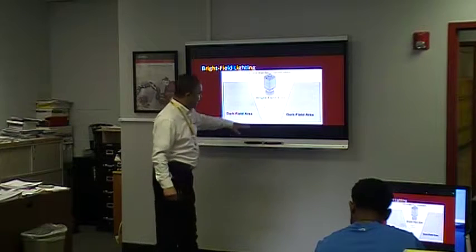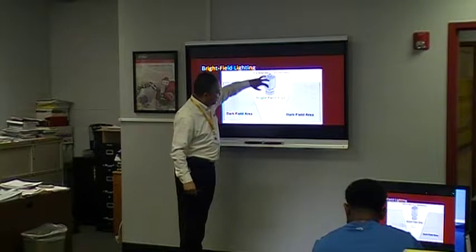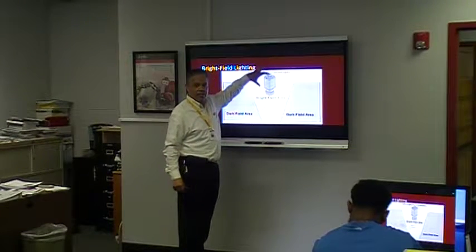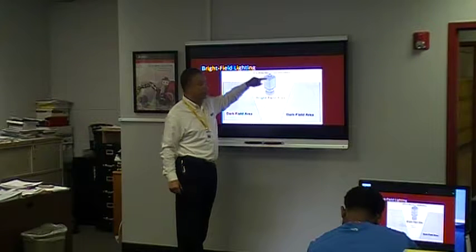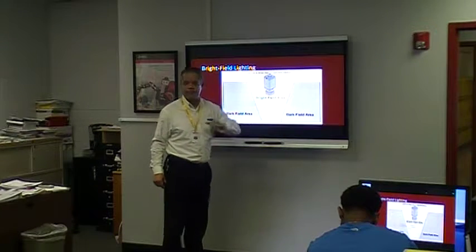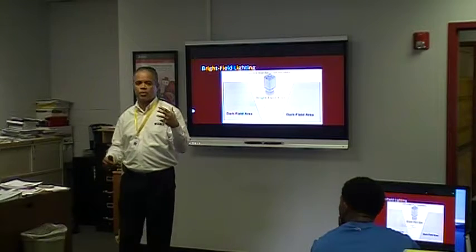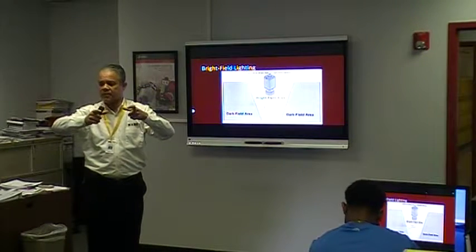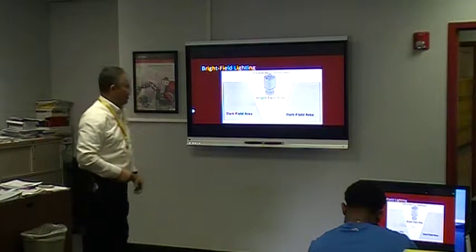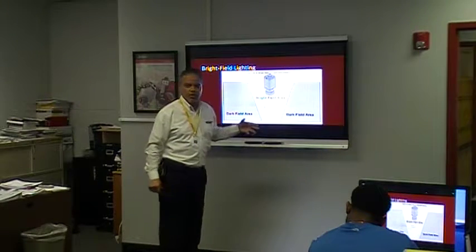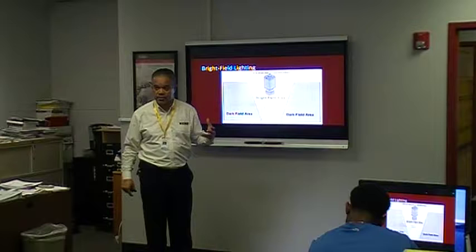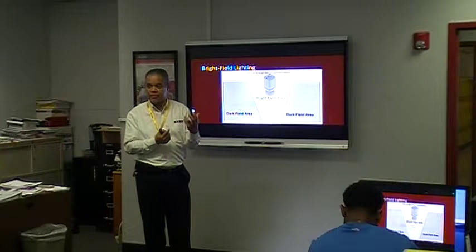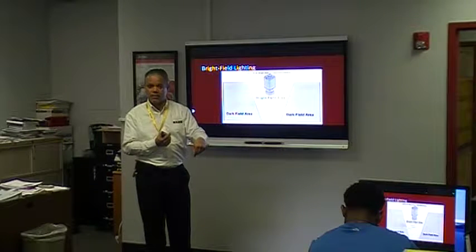So if you look at this as the field of view, here we have an illustration of a camera with what's called a ring light. That ring light is actually going around the outer perimeter of the lens of the camera, okay? And that creates what's called a coaxial light. Co meaning both of them are on the same axis, right?